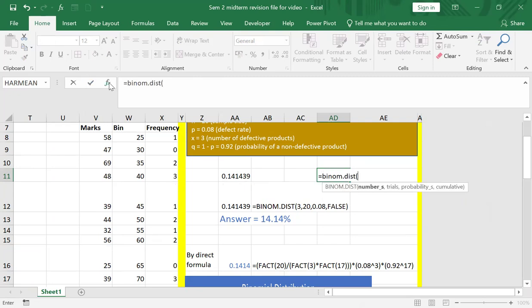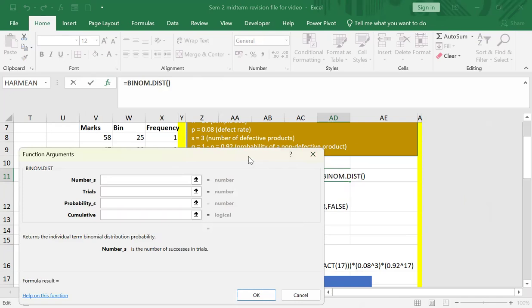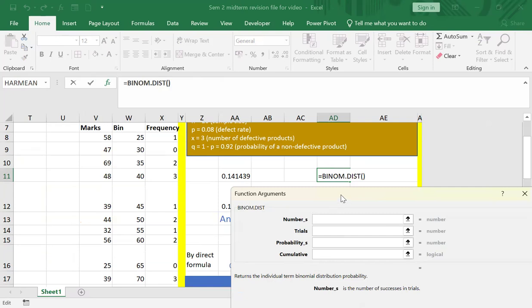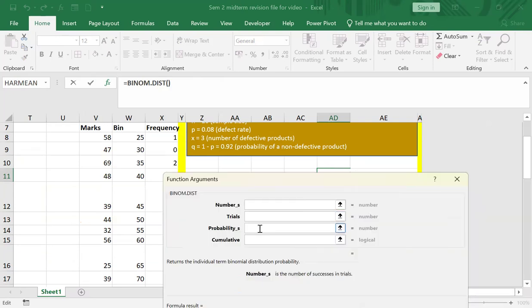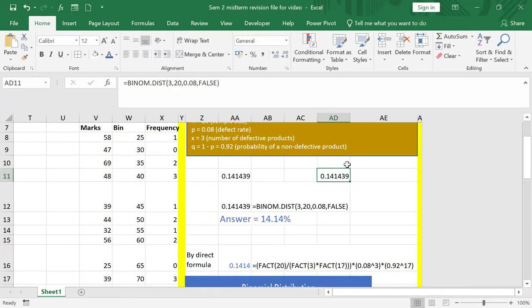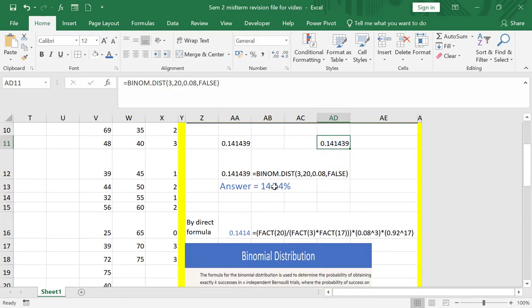When you open this fx, you'll get the arguments. Number is 3, probability is 0.08, cumulative is false, trials are 20. Even if you don't press enter, you will get this one. So okay, that is the answer. That is the answer I got here also using this formula. Same thing. So that comes to 14.14%.